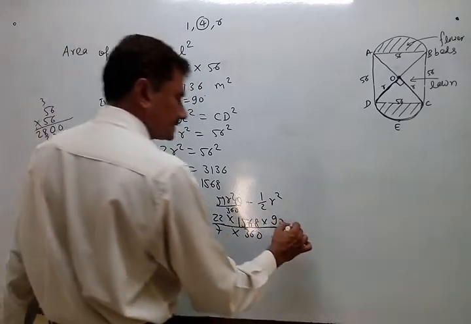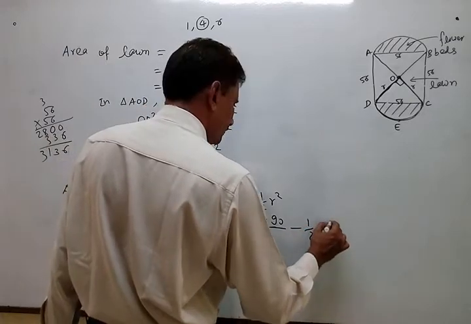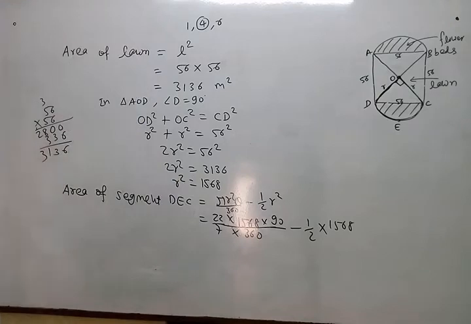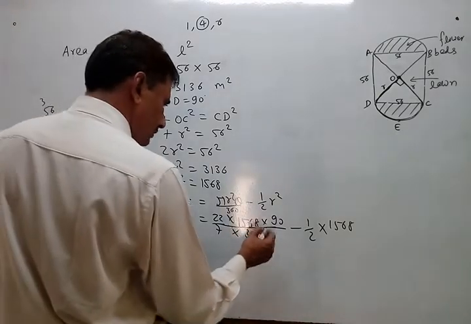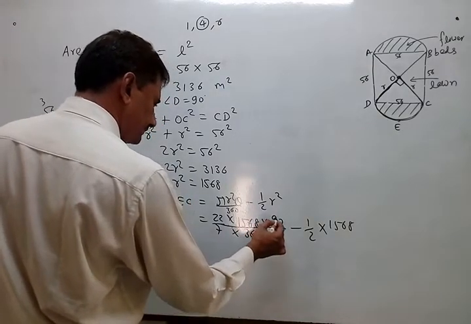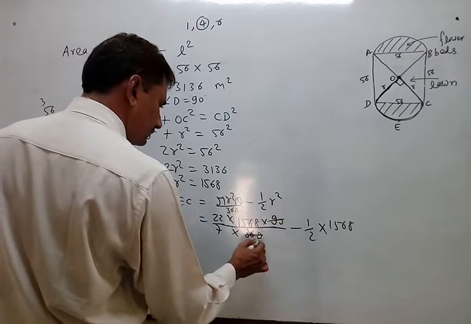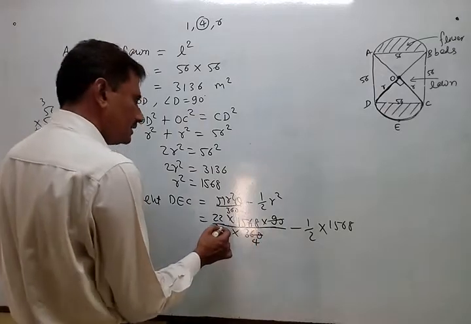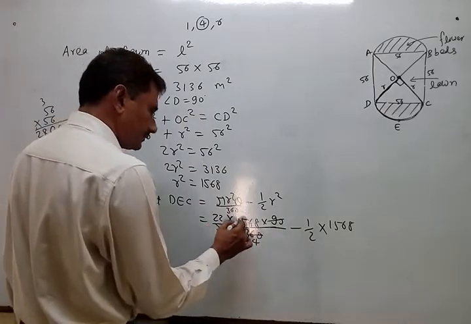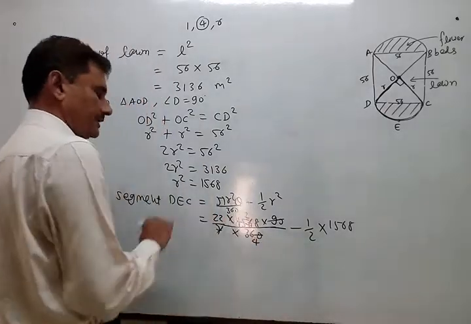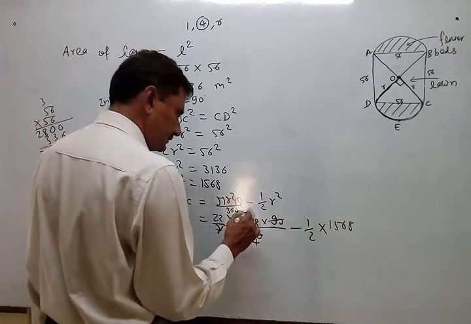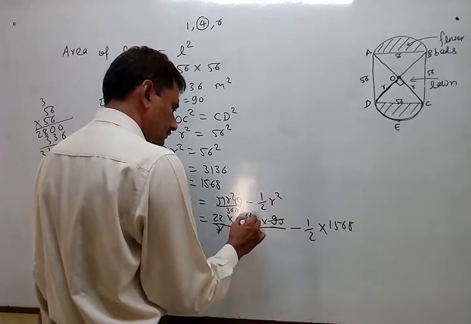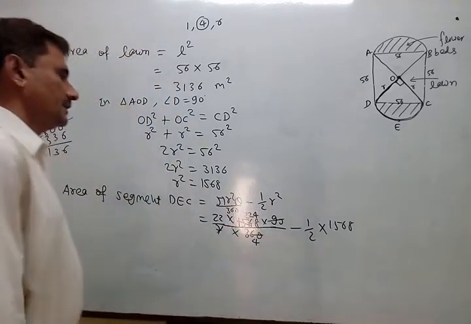Okay, minus half into 1568, because r square is 1568. Now just simplify it. First of all, this is 90 into 4. I think it will be divisible, because 56 is a factor of this. So 7 to the 40, 1 left. 6, 7 to the again 40. 6 2, 7 4 is 28.